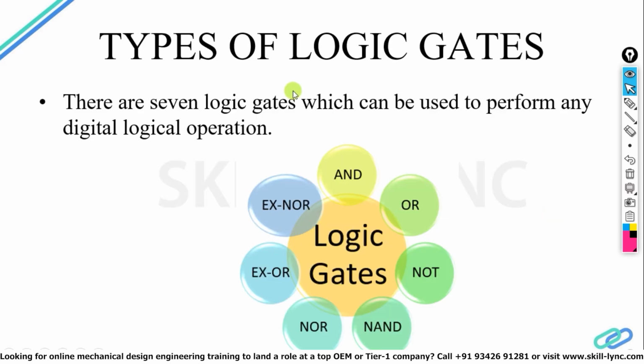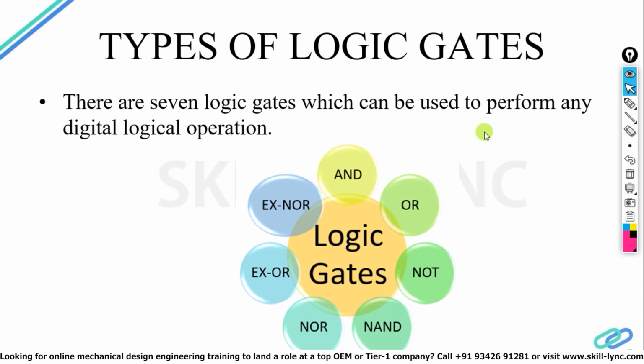So these are the types of logic gates. Let's start with the types of logic gates. First of all, understand that total 7 logic gates are there. There are total 7 logic gates that can be used to perform any digital logical operations. If someone asks you how many logic gates are there, total 7 logic gates are there.